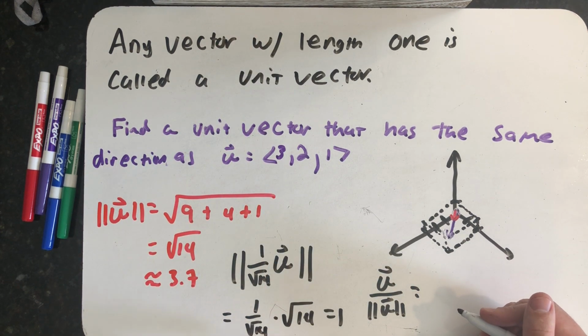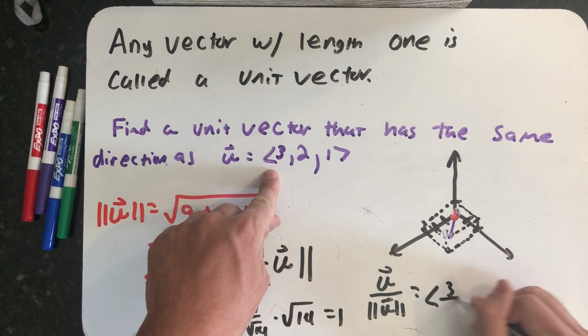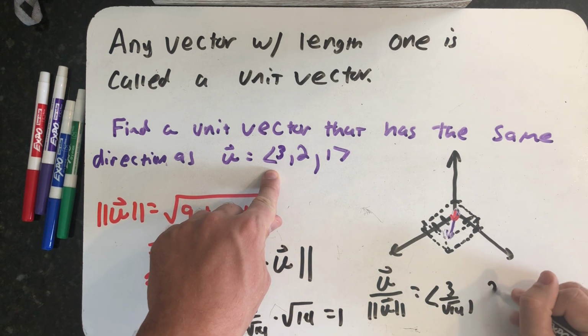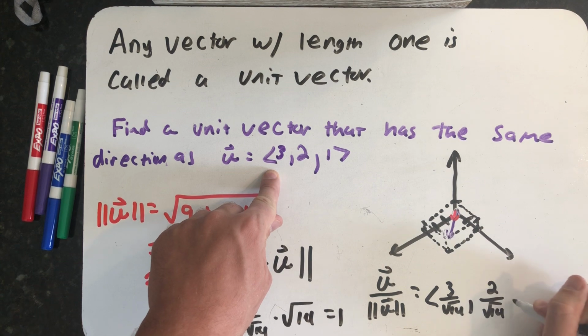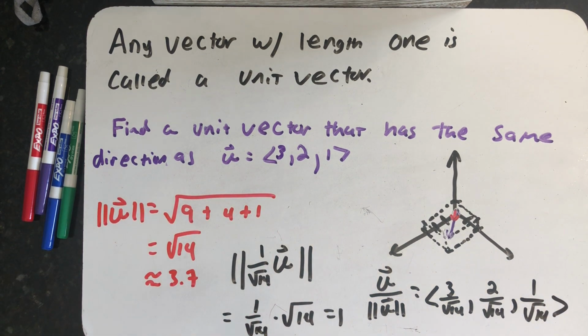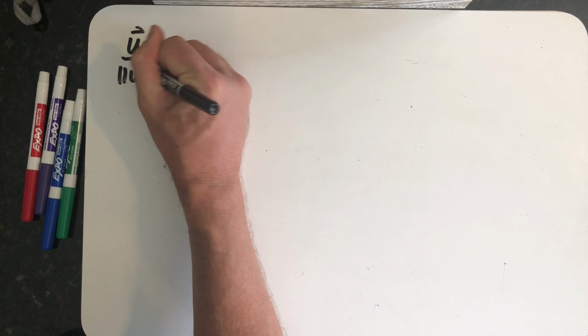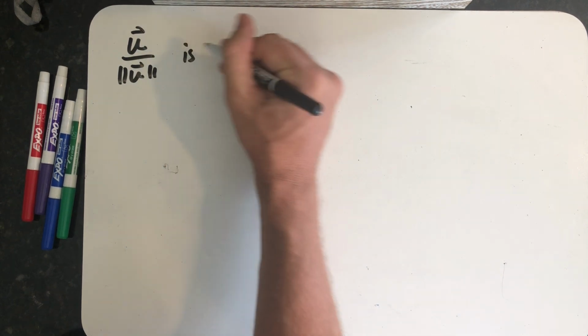So now I need to imagine multiplying by 1 over root 14. This vector would be (3 over root 14, 2 over root 14, 1 over root 14). So we've created a unit vector, and anytime we perform that process, we'd create a unit vector.